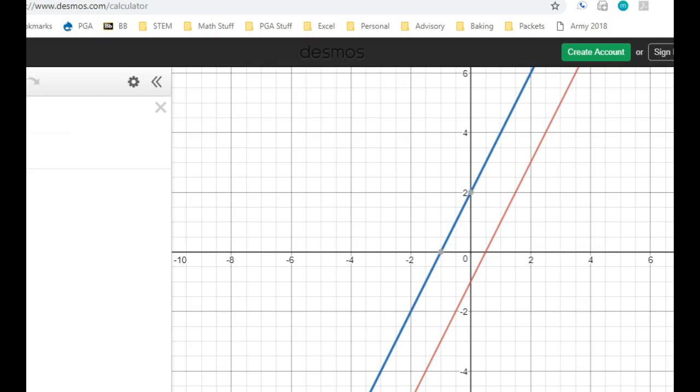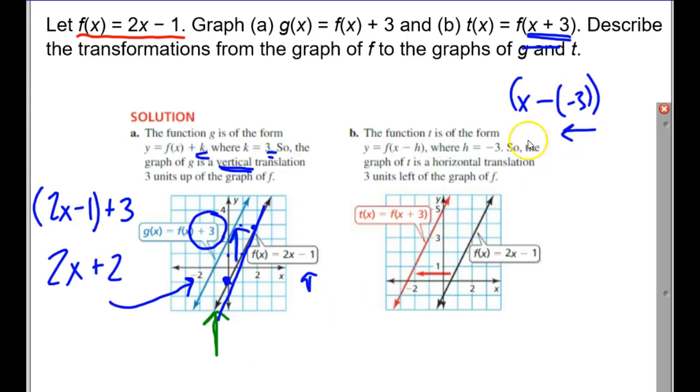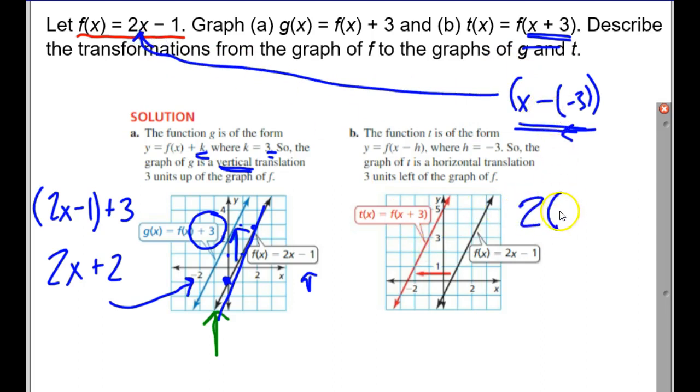So the red one again is my parent function where I started. The thing here is that in order to get it to go left and right, this that's inside the parentheses needs to go into wherever x was in my original equation. So now it's inside the parentheses, so that changes a little bit. So x plus 3 and then minus 1.